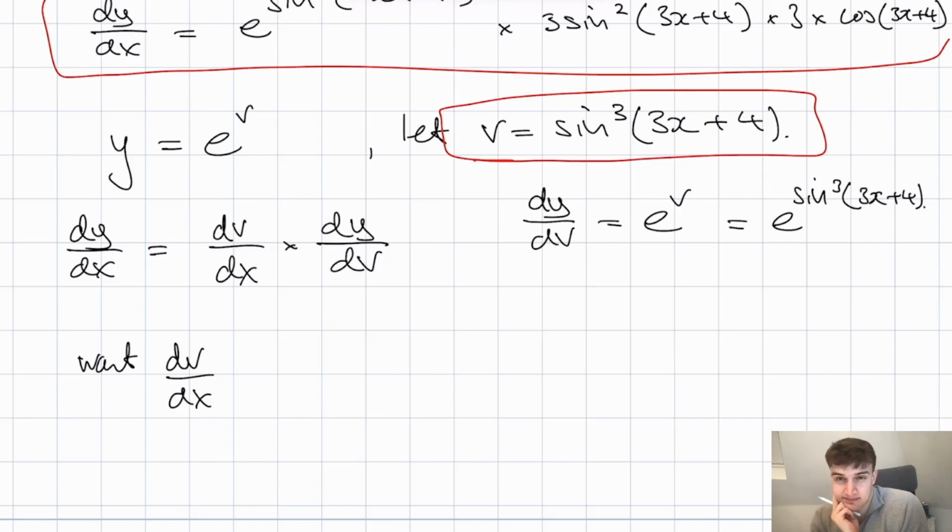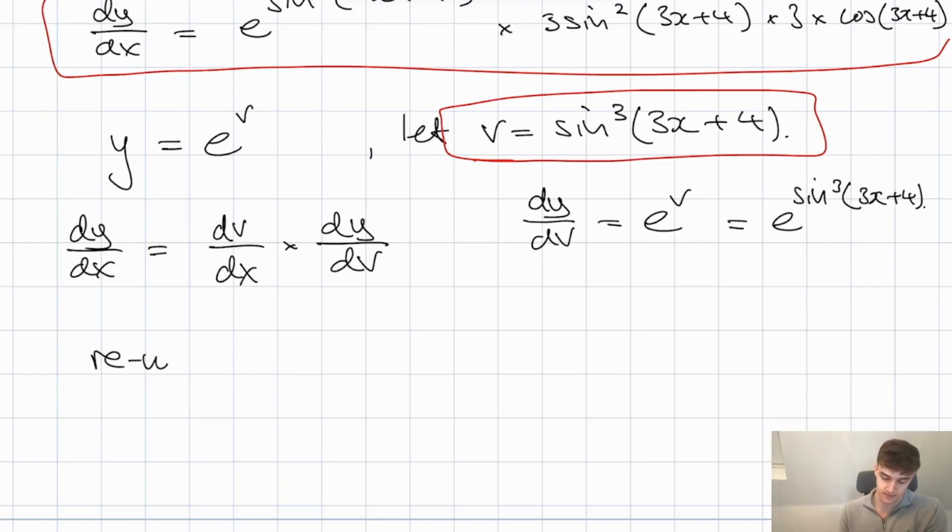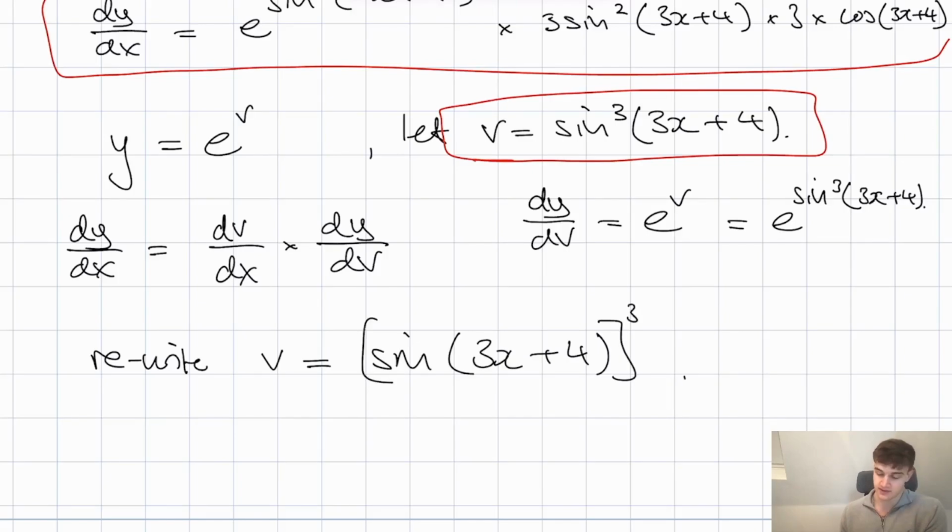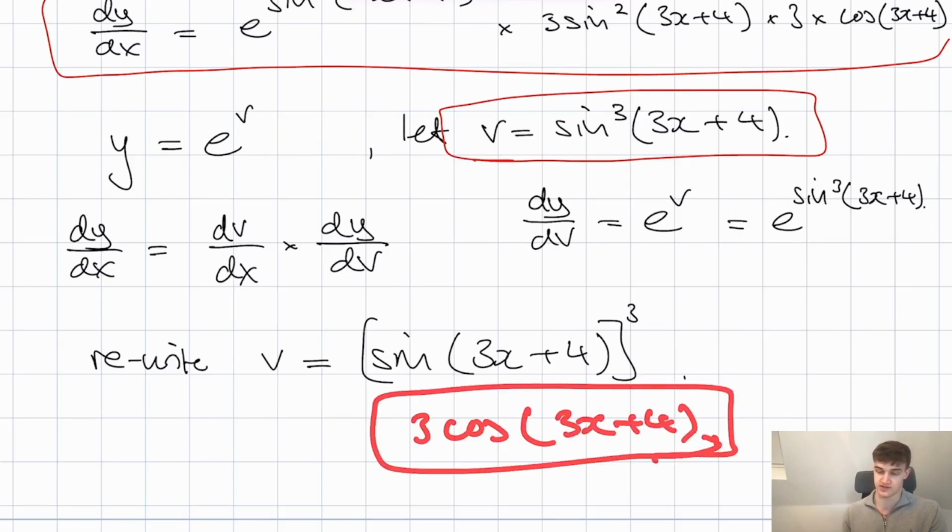So I think the easiest way to see this is to rewrite, just for everyone, v is equal to sine of 3x plus 4, cubed. Now, here again we could use the chain rule on this bit, but I'm just going to hope that you can recognise that this inside differentiates to 3 cos of 3x plus 4. It is by the chain rule, but hopefully this is obvious at this point. If not, convince yourself of it.